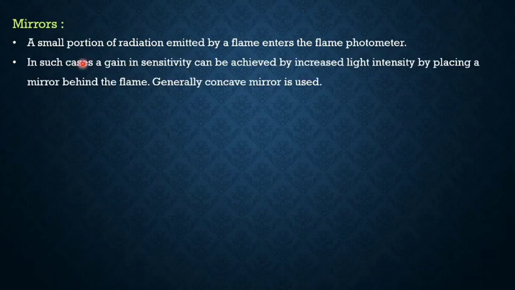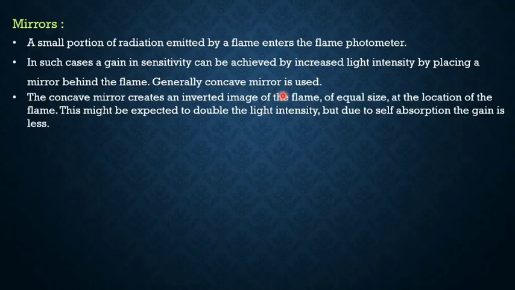In such a case, a gain in sensitivity can be achieved by increasing the light intensity by placing a mirror behind the flame. Here the mirror is used for what? To increase the sensitivity of the emitted light radiations. These mirrors are placed behind the flame. Generally, concave mirrors are used. Then what is the function of this mirror?